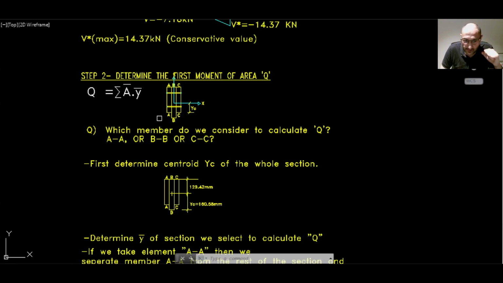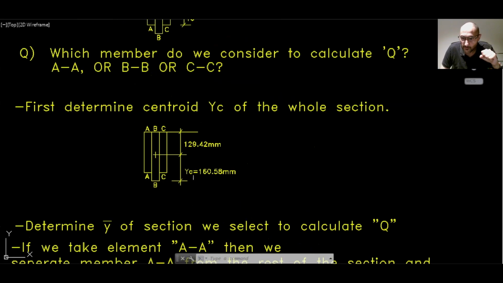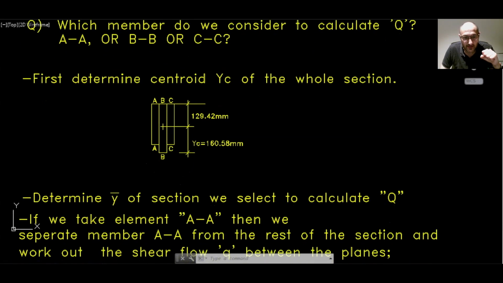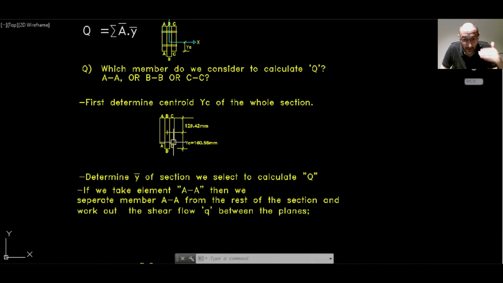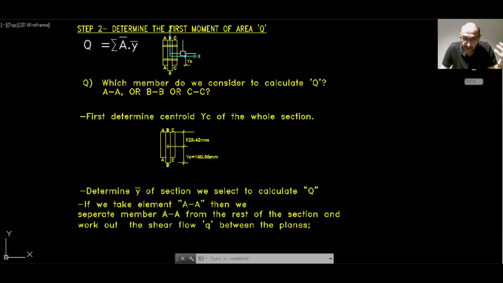Okay, the first step is to determine the centroid YC of the whole section. And then the second step is to determine Y bar of the section that we select to calculate Q about. Now Q is dependent on, of course, the direction of the bending, whether it's bending about the major or minor axis.